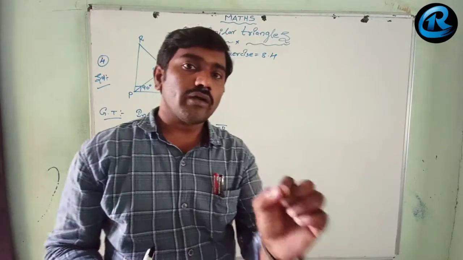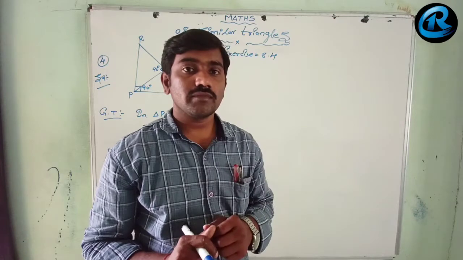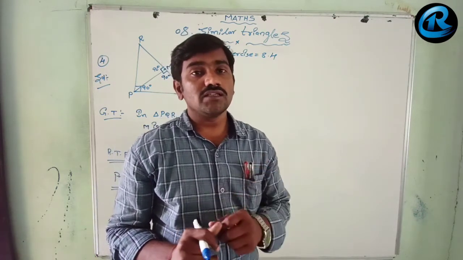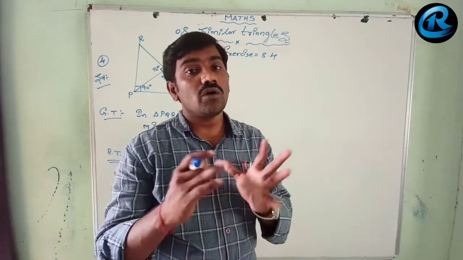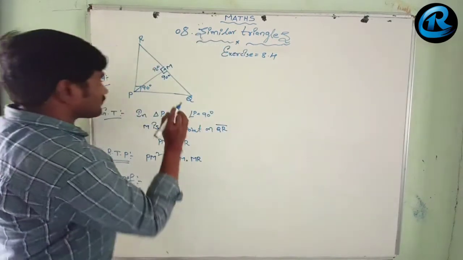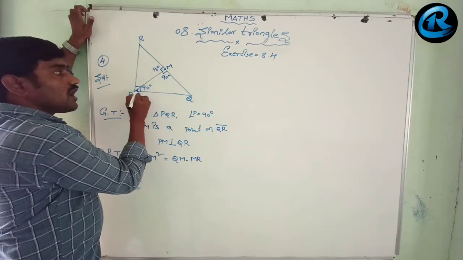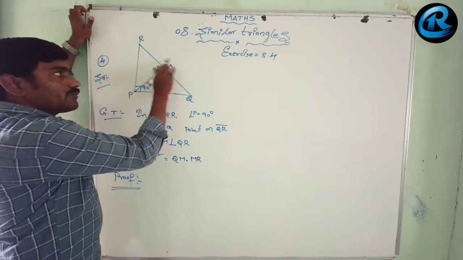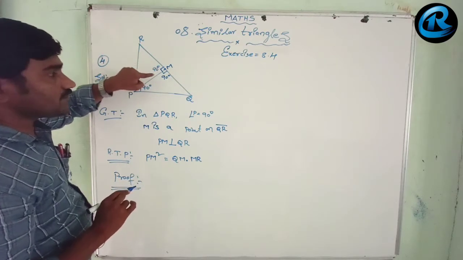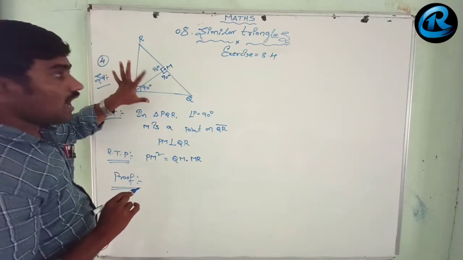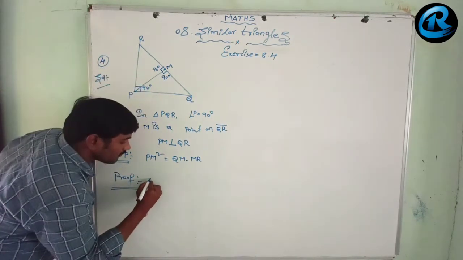If a perpendicular is drawn from the right angle of a right triangle to the hypotenuse, then the two triangles on both sides of the perpendicular are similar to the whole triangle and also similar to each other.